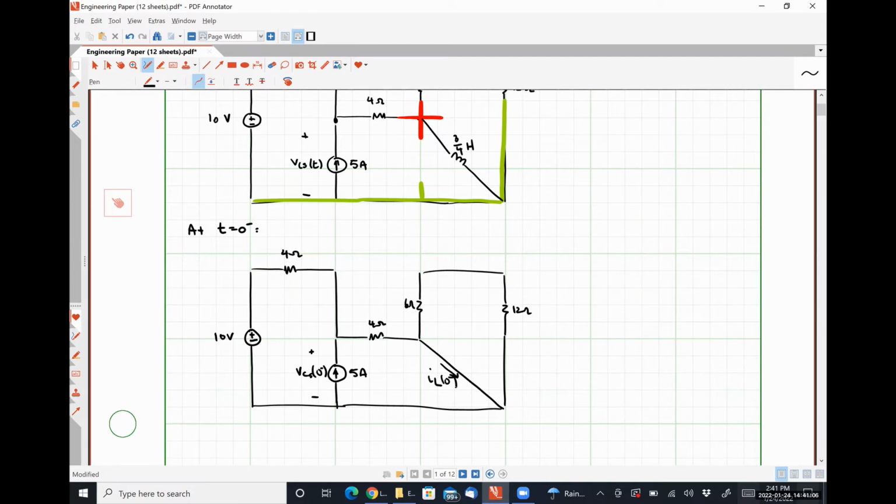Whereas if we did mesh, we could pretty easily figure out the current flowing through the inductor, but we'd have to write another KVL equation later to figure out what's going on with that current source. So I'm going to call this node A, with voltage VA, and this node at the bottom ground. And that's literally all that I need.